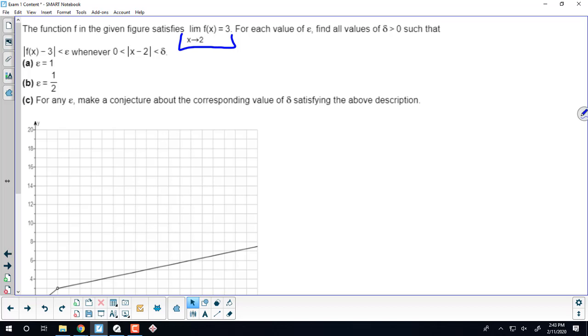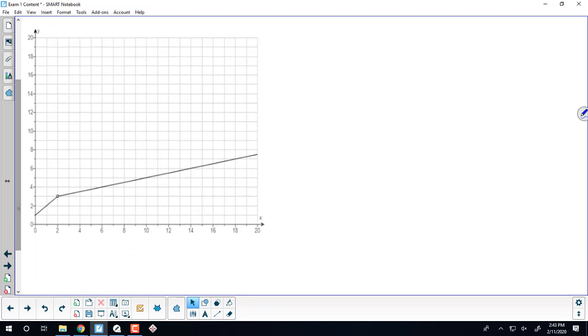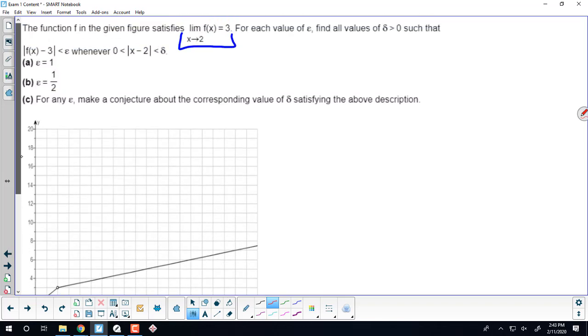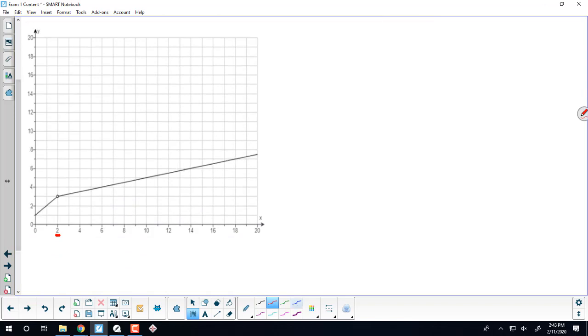So this is the limit as x approaches 2. I just want to go on down to the x-axis and mark 2, because I'm going to count from the left and from the right of that value that x is approaching, and the limit is 3. So I want to mark that on the y-axis.